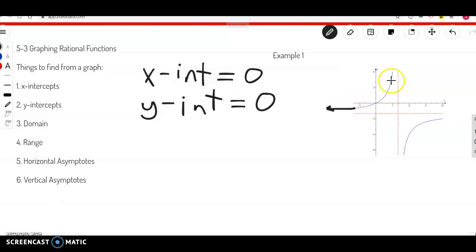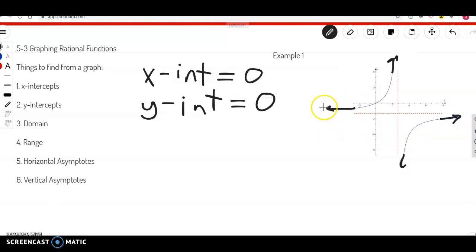And then it's going to get really close to this vertical dotted red line, but it's not going to cross it. And so it gets really close to this value of 4, but it doesn't cross 4. On the right hand side, this portion of the graph is also going to get close to 4. And then it's going to continue and go towards infinity.